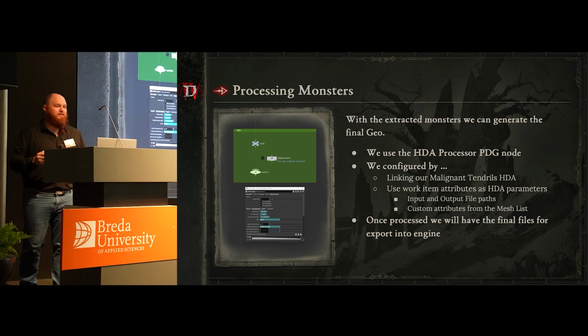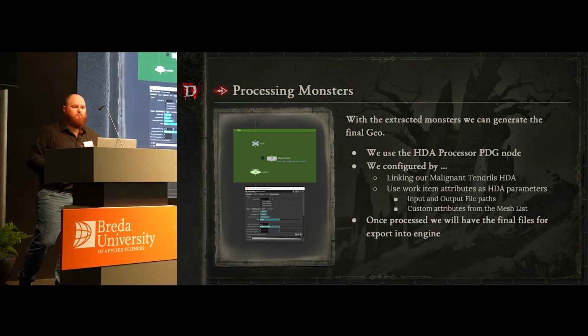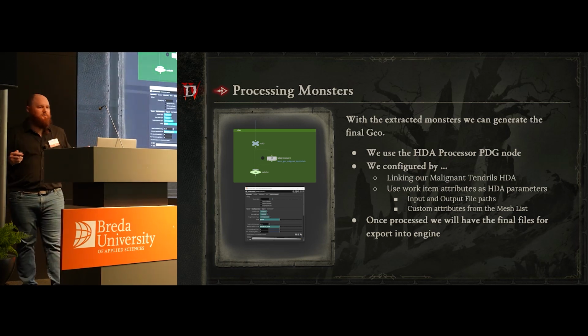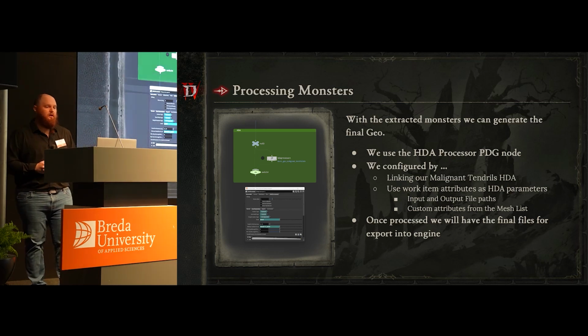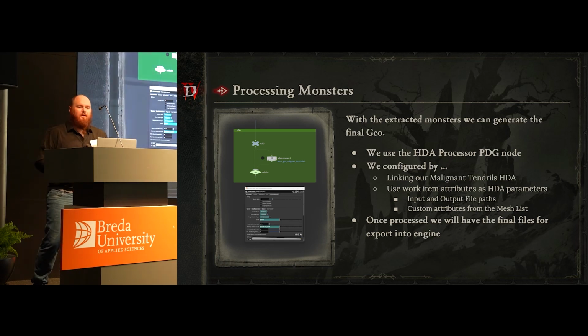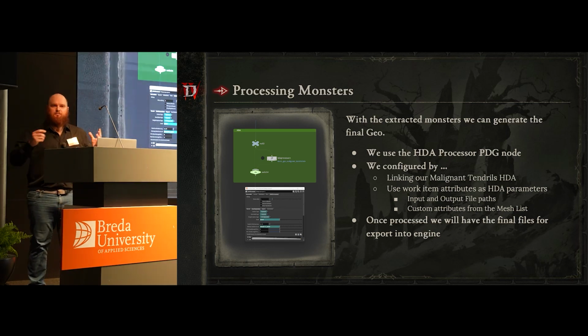We configure it by linking our Malignant Tendrils HDA and use work item attributes as HDA parameters. So our input files and our output files, file paths, and any custom attributes that we created in that mesh list CSV file. Once processed, we have the final files needed for export into the game engine.